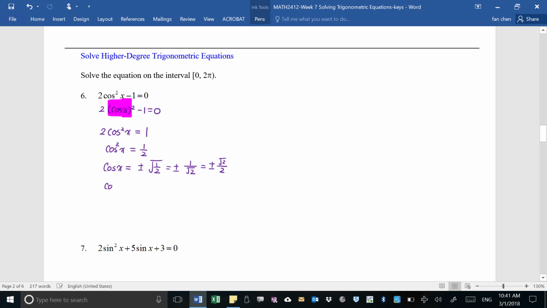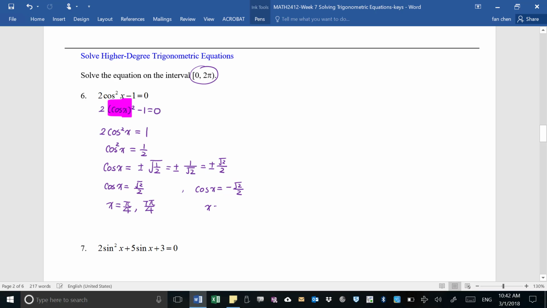Case 1, cosine x is equal to square root of 2 over 2. In this interval, x is equal to pi over 4, and also in the fourth quadrant, 2 pi minus pi over 4 is 7 pi over 4. Case 2, cosine x is equal to negative square root 2 over 2.